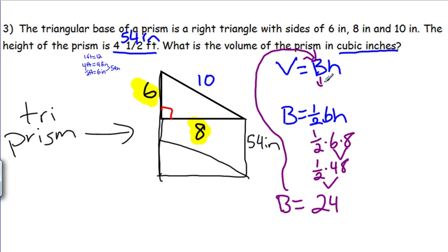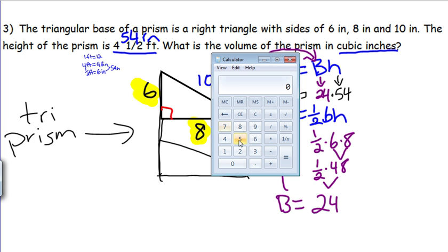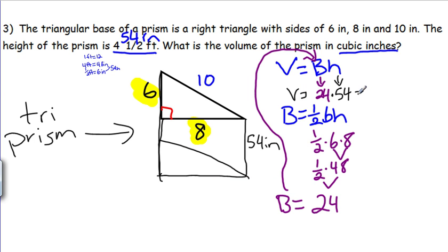And then the height of the whole prism, which we figured out at the very beginning, is going to be 54. So to find the volume, we just multiply these two together. So working really hard, we can say 54 times 24 equals 1296. And that's cubic inches, so we can call that inches cubed. So there is our answer.